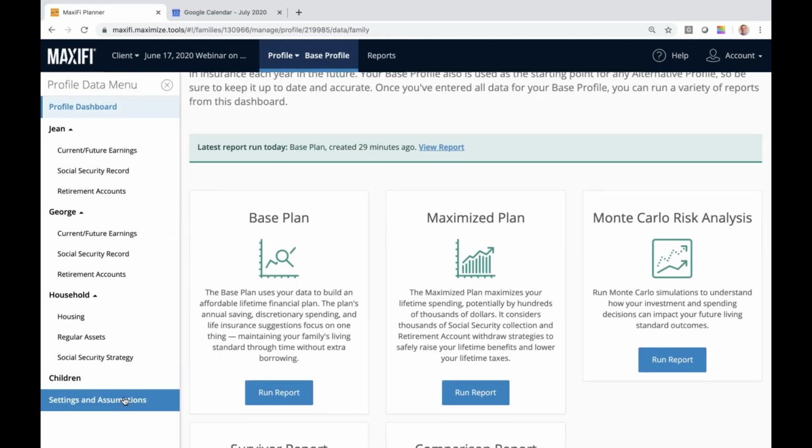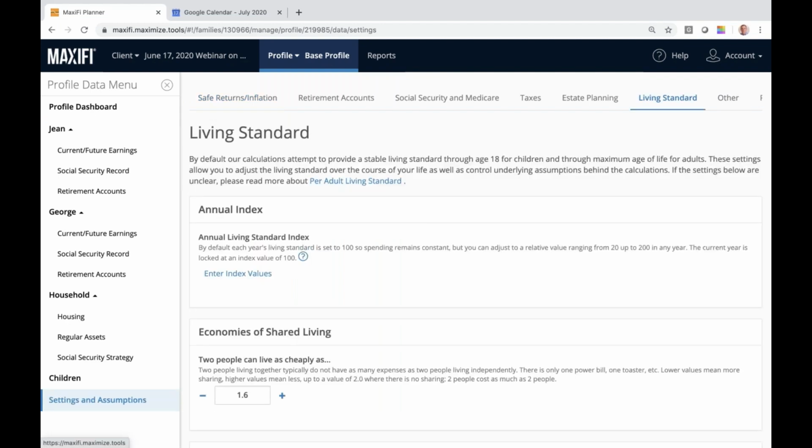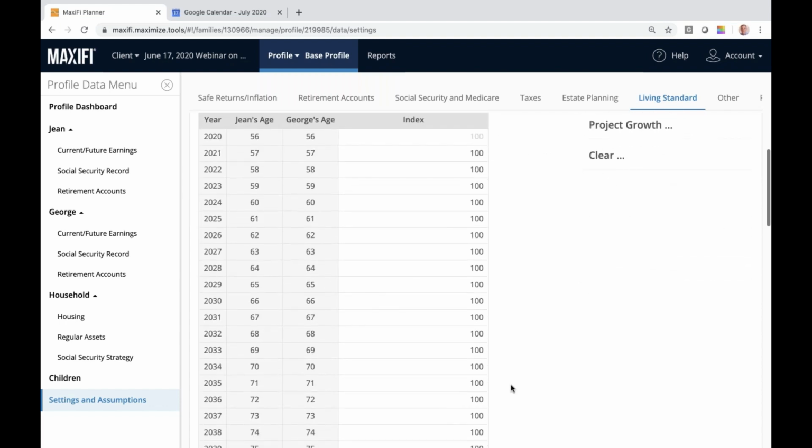So it's really the pattern. Our software is finding the level, but for the pattern of your living standard, you go to settings and assumptions, you go to living standard, you click on annual index, and then you see here that the baseline index has values of 100 for every year, and that means that you want your living standard to be perfectly smooth per household member.